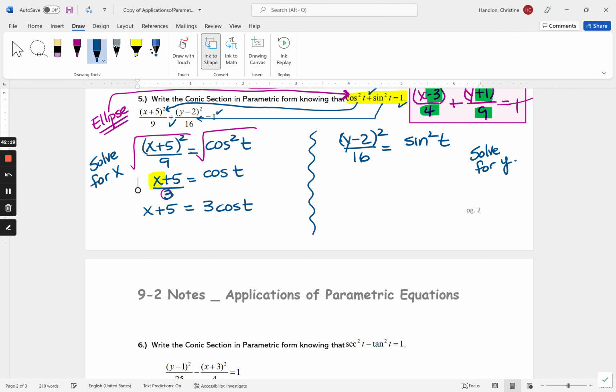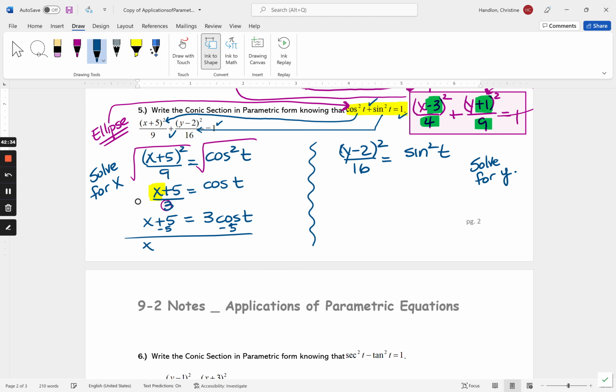Now I need to move the 5, so I need to subtract 5 on both sides. And so when I solve for x, you'll end up with 3 cosine of t minus 5.